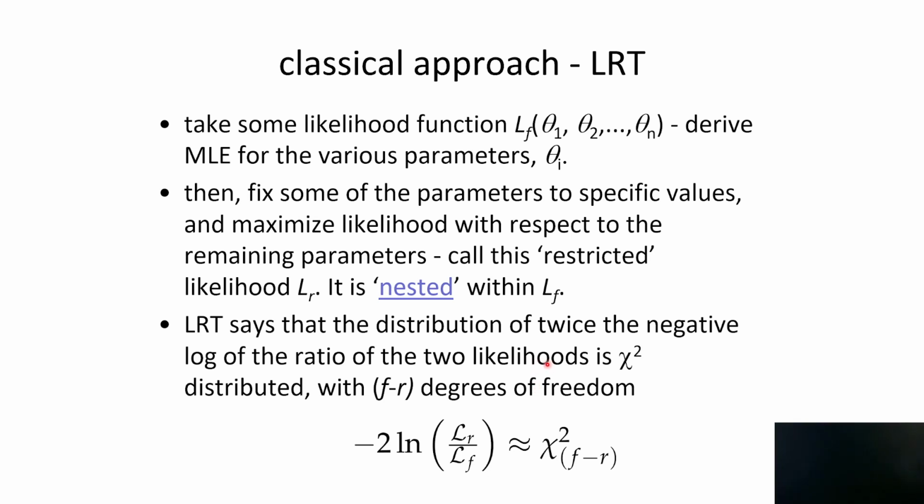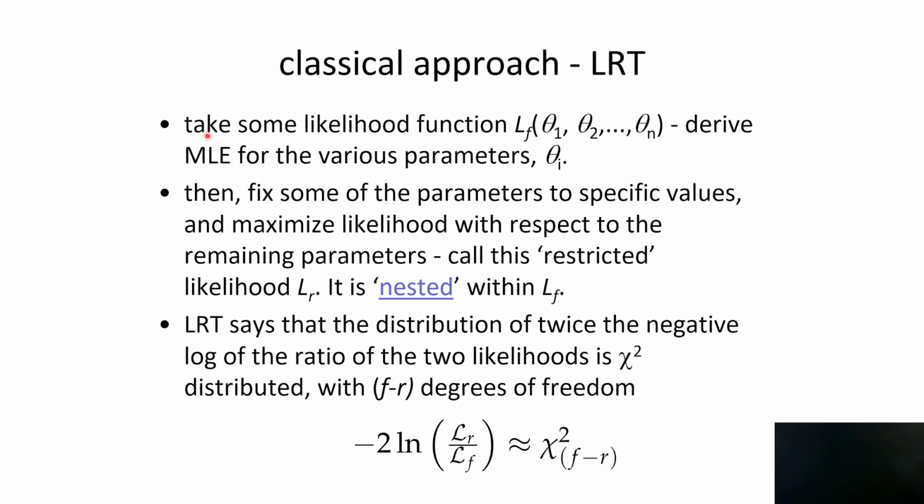So one of the classical approaches to doing model testing in statistics generally is something called the likelihood ratio test. The reason I want to focus in on this is, other than the fact that it's pretty fundamental, it underlies an awful lot of the statistical tests that you do, even though you may not know them as likelihood ratio tests, but it relates directly to the maximum likelihood stuff that we developed in last lecture.